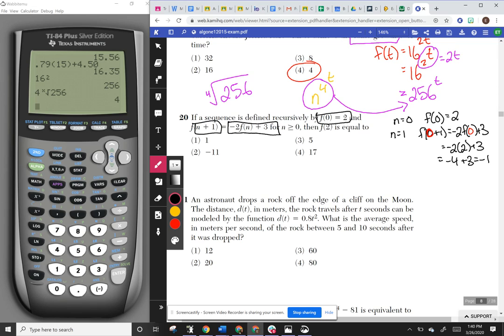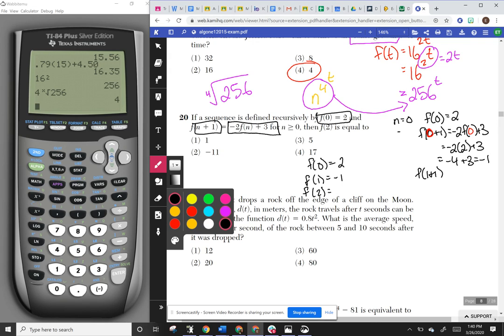So we now know that f of 0 equals 2, and f of 1 equals negative 1. And we just need to find f of 2. So to find when n is 2, to find our next step, we need to do f of 1 plus 1. All right, I'm going to erase this because I'm worried that that's going to get confusing. Now in this case, our n is 1 to find f of 2.